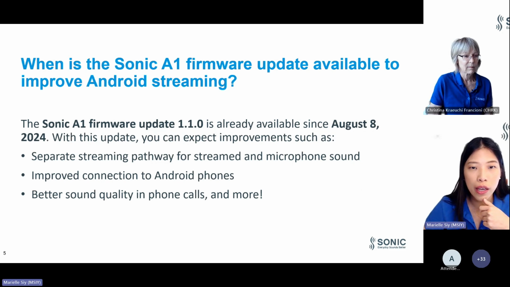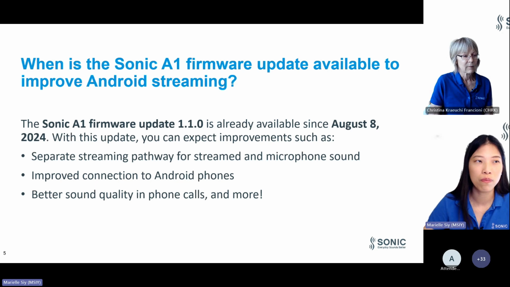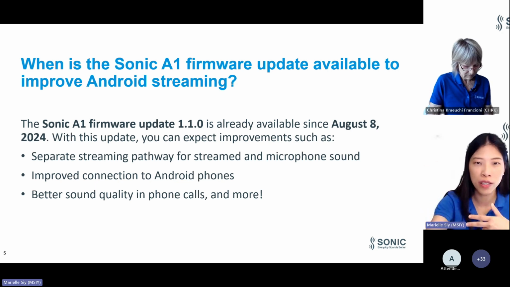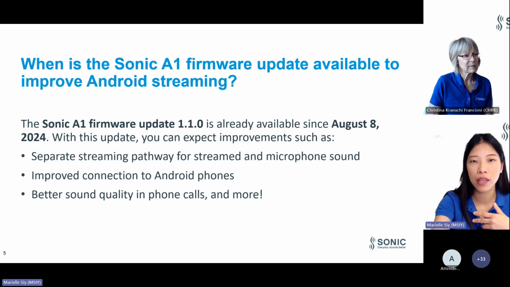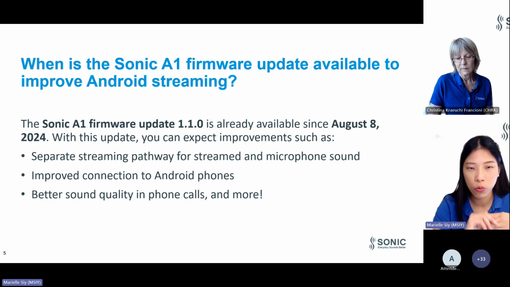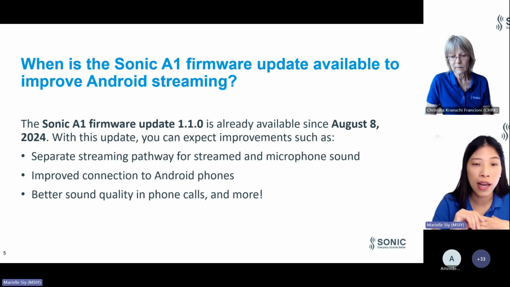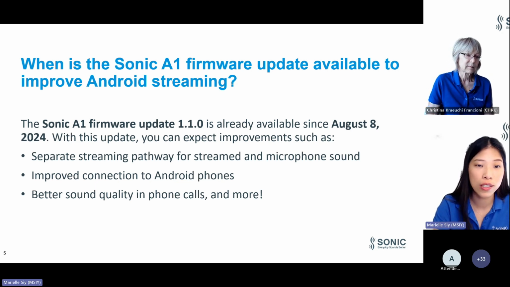When is the Sonic A1 firmware update available to improve Android streaming? So this is to answer one of your questions regarding this issue with the other person not being able to hear the hearing aid user's voice. This Sonic A1 firmware update 1.1.0 has already been available this month, August 8.